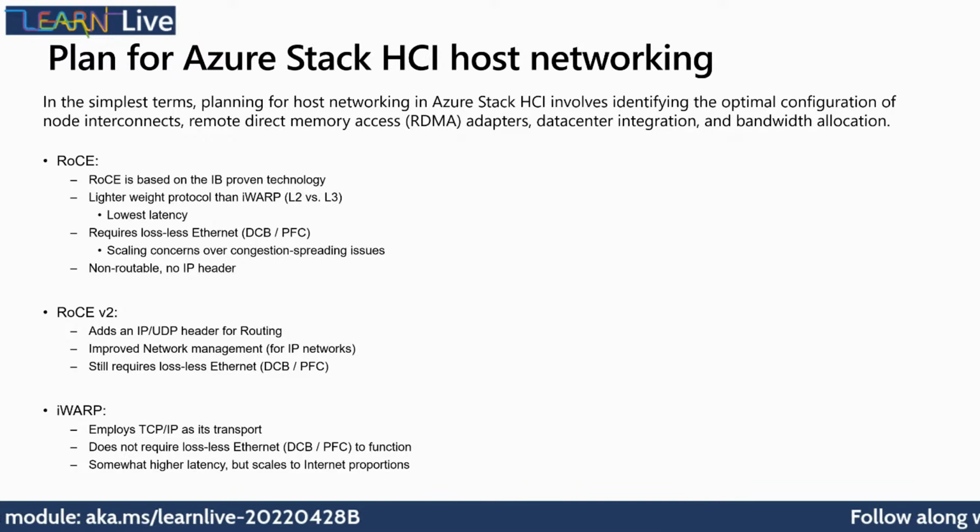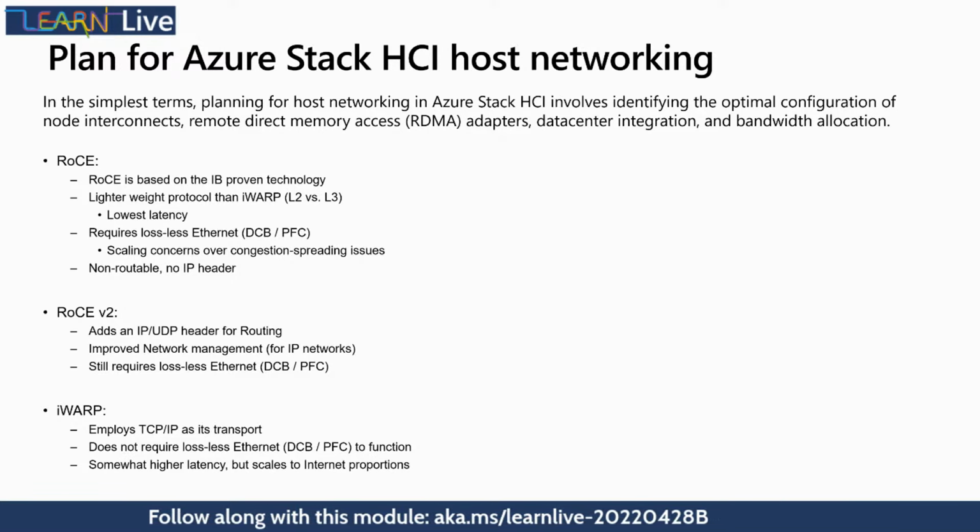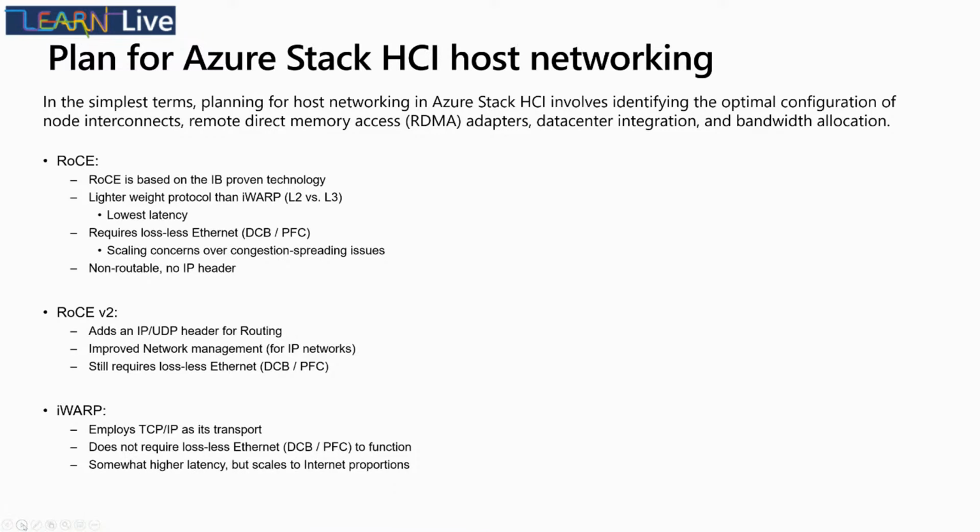It's easier to handle the iWarp configuration, because if you don't have configured VLANs, if you don't have configured traffic prioritization, iWarp will still work with a very good performance. In RoCE, we have a lossless Ethernet, and to configure a lossless Ethernet, you need the prioritization of packets, and this requires a data center bridging capable switch.